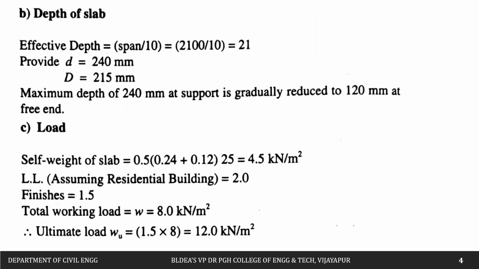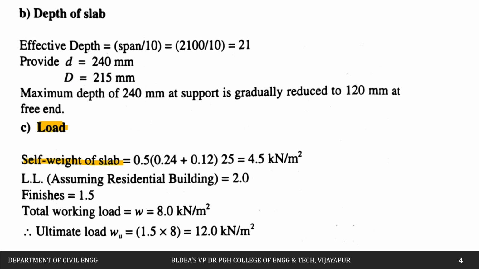If you take the average, it will be 180, plus some cover, so the average overall depth will be 215 mm. So D will be 240 mm at the supports, reduced to 120 mm at the free end. The next is load calculation.